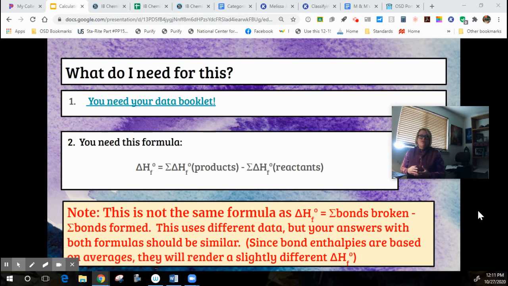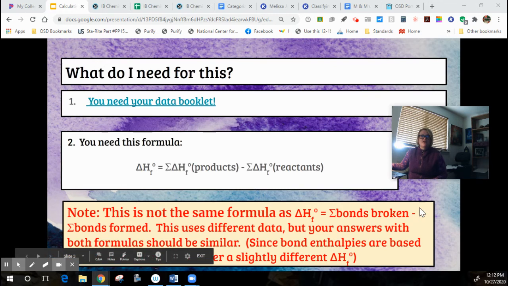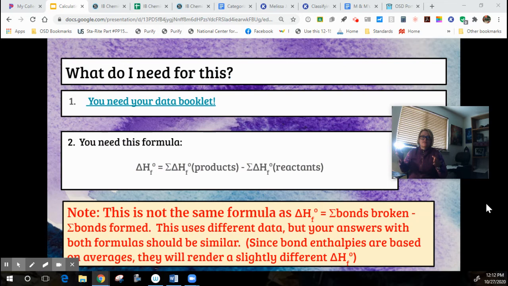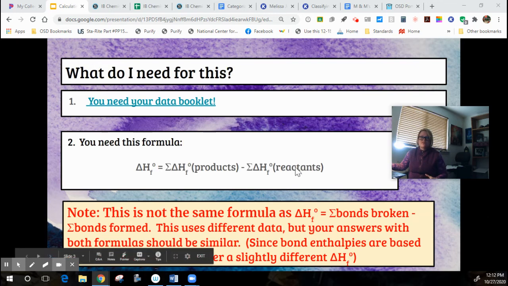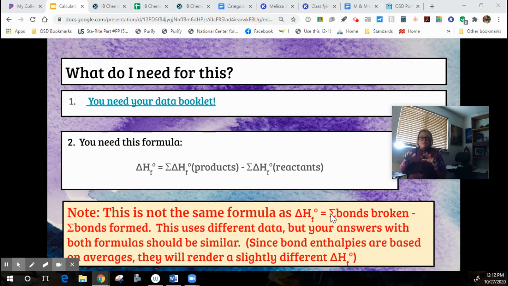Your answers that you calculate for both of these formulas will be very similar, but they're going to be slightly different because the bond enthalpies are based on average bond enthalpies, and that doesn't take into consideration overall intermolecular forces or other temperature changes. So you can use these two to get very similar answers. They're two different ways of getting your change in enthalpy of formation for a reaction, but the answers might be slightly different.